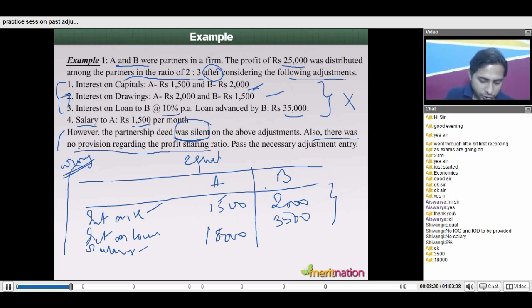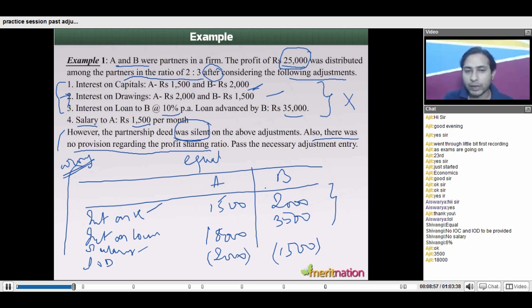Now the interest on drawing, that is IOD. Let me write in short, and that is 2,000 and 1,500. And these are the negative amounts, since these are what the partner is going to pay back to the firm.